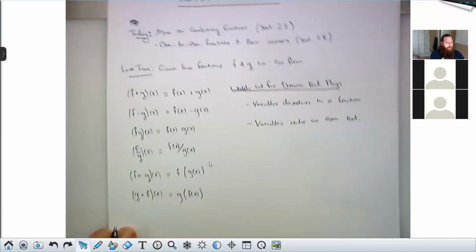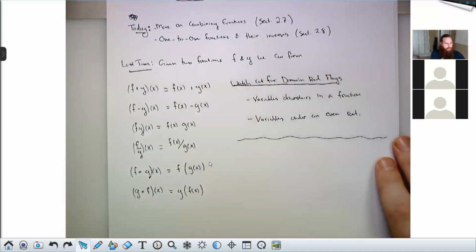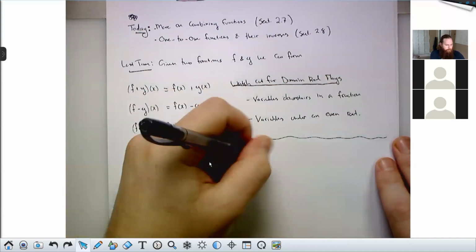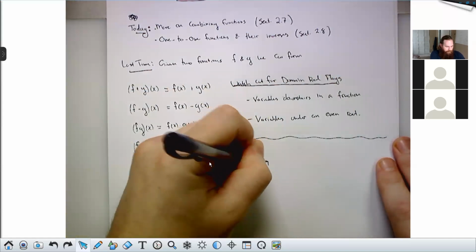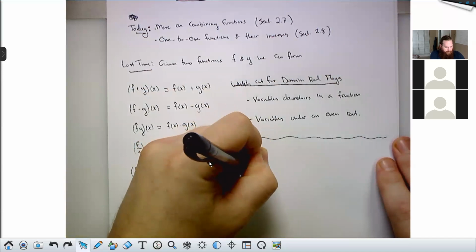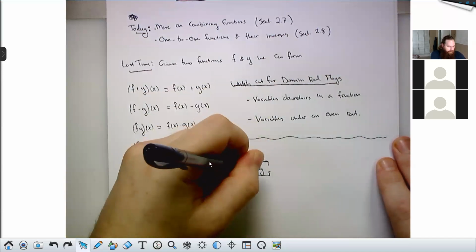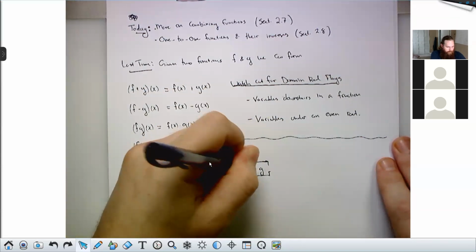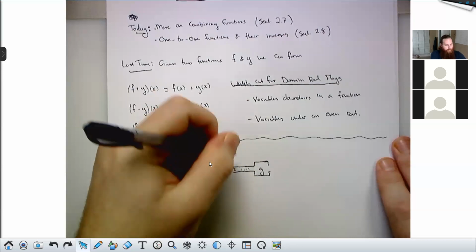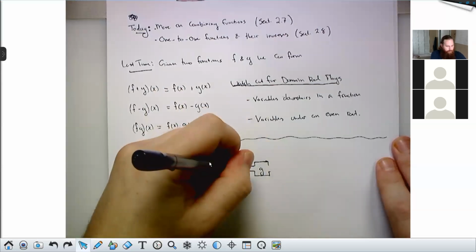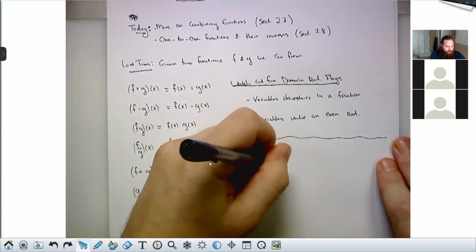I want to talk a little bit about machine diagrams. So you guys may remember the function g can be thought of as a machine, right? It takes in some inputs that might look like x, and it sends out some outputs that we call g of x.